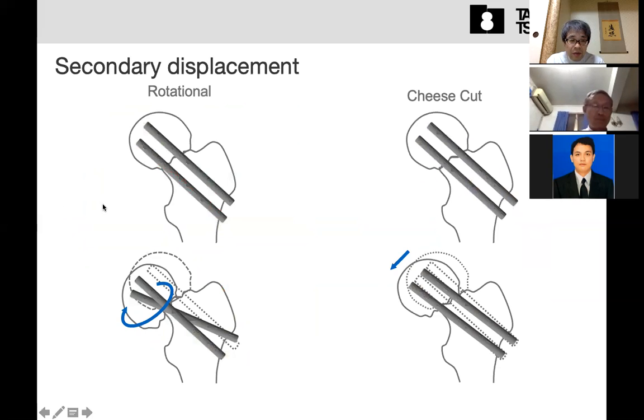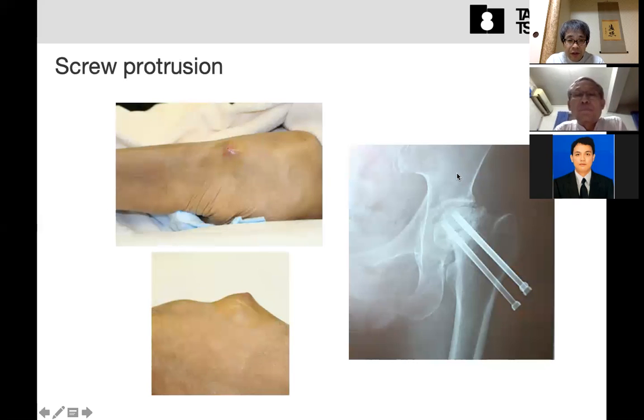So this is a serious problem after pinning of the screw: rotational displacement and cheese cut of this area. In addition, if the fracture is shortened due to the sliding of the screw, of course it can act as a compressive force, so it is beneficial to bone fusion.